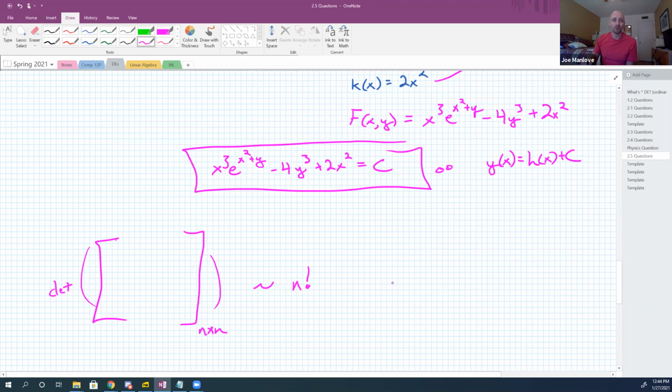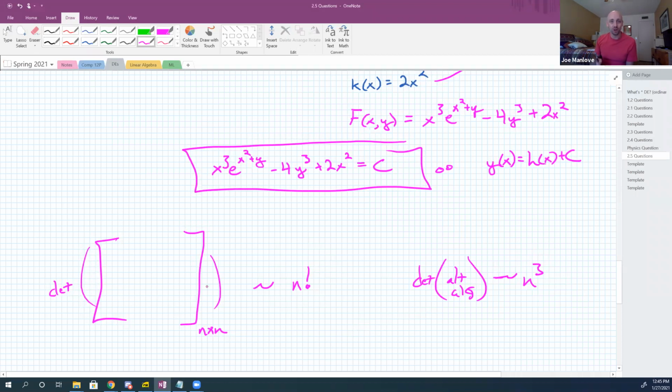The more efficient algorithm, which uses some tricks, is n cubed time. And the difference between n factorial and n cubed when n is small is not very big, right? You guys with me on that? When n gets big, this thing takes like 12 or 15 orders of magnitude longer than this one.